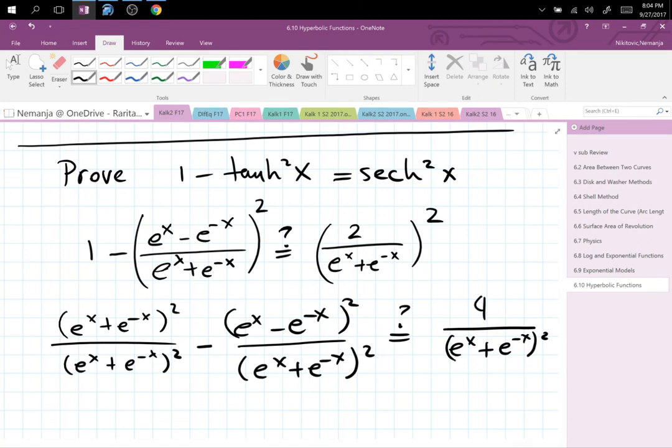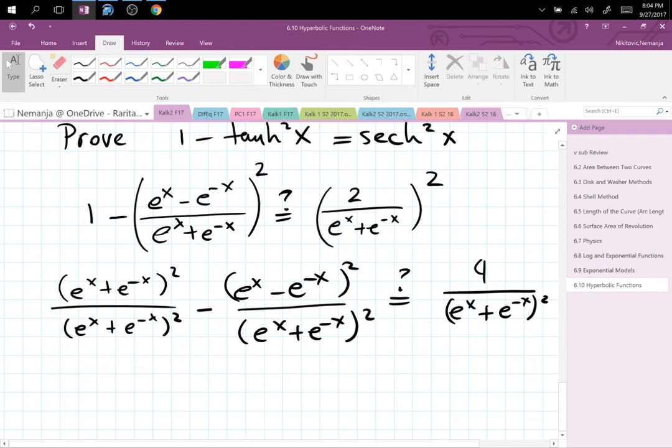Just forget about denominators. If you multiply both sides of this equality with e^x + e^-x squared, the entire denominator everywhere, they just go away. So we just look at the numerator.